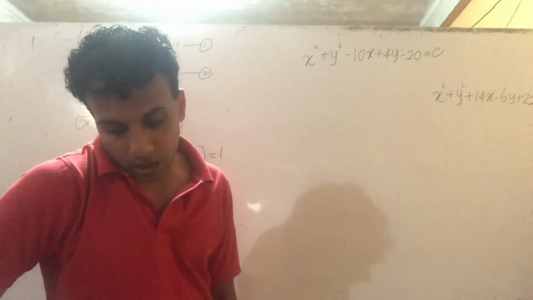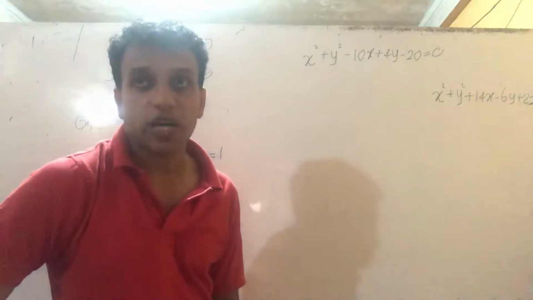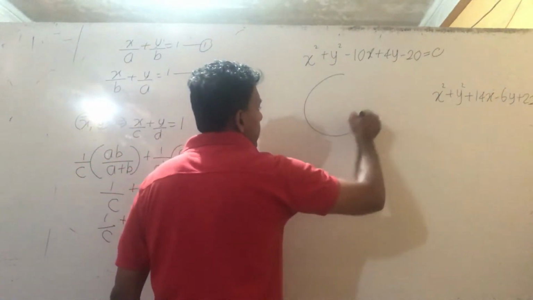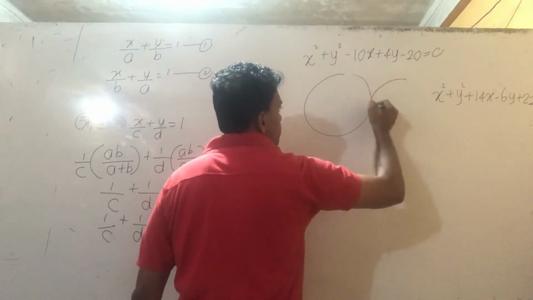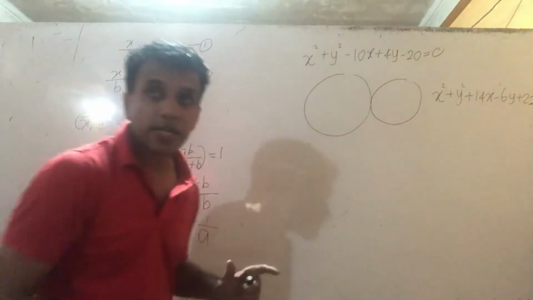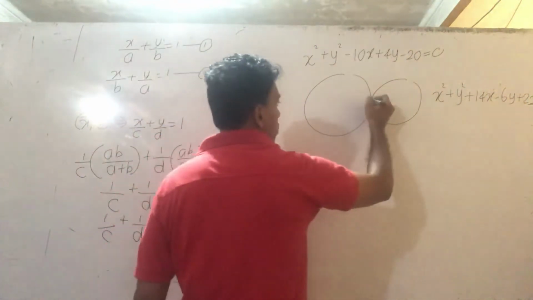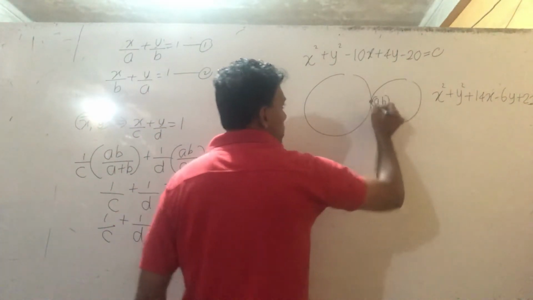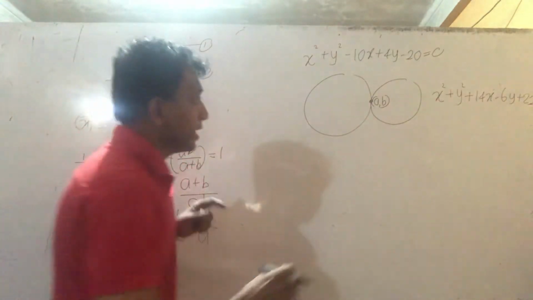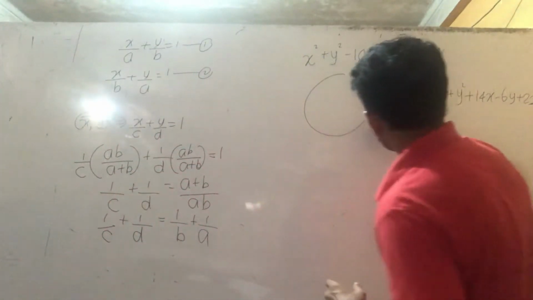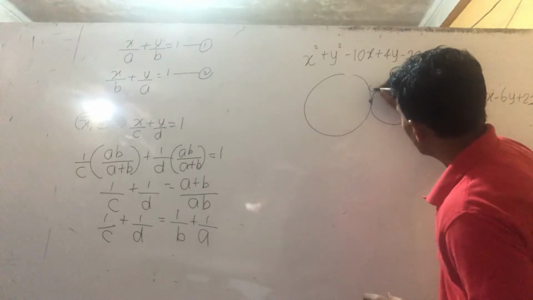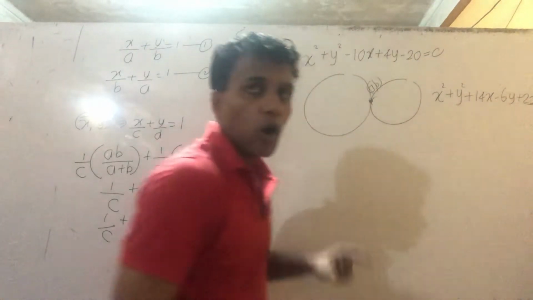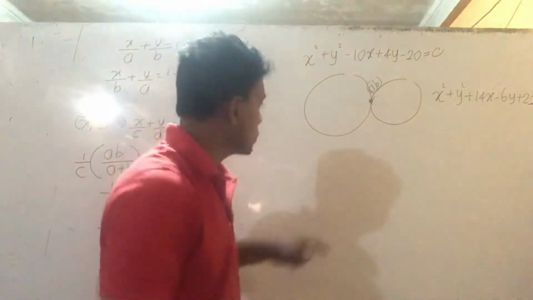Yes, if the circles touch each other, okay, they both touch each other. If I draw a diagram like this, they touch each other at a comma b. Both touch at this point a comma b. I'll mark here a comma b, they touch. How do you know which diagram?